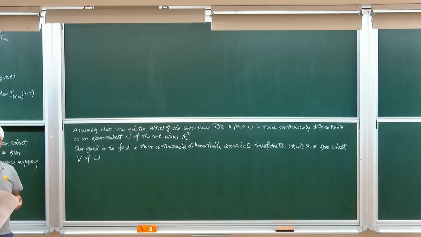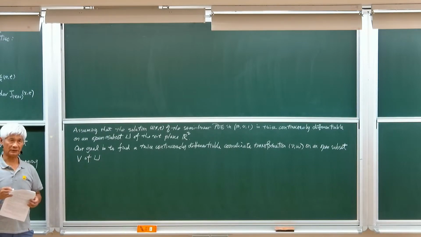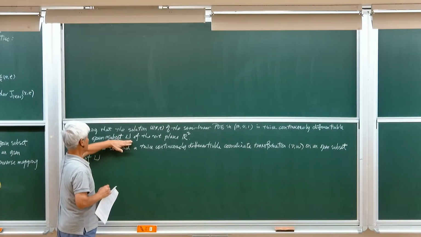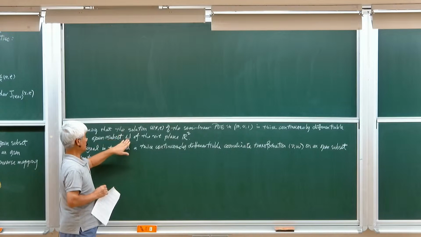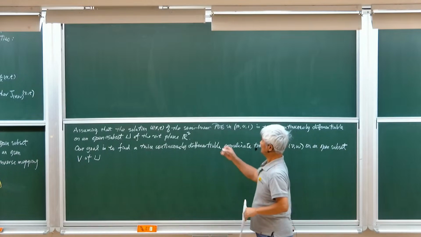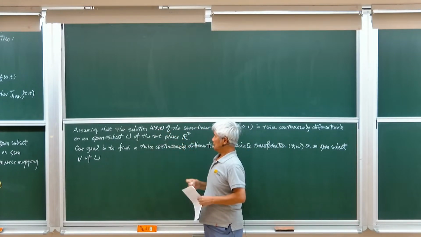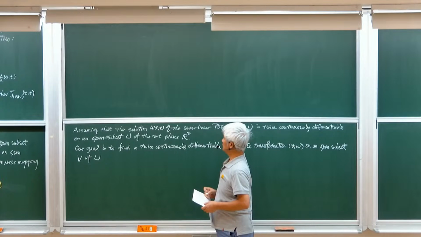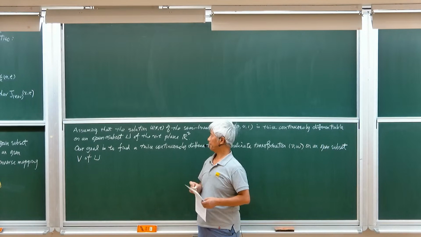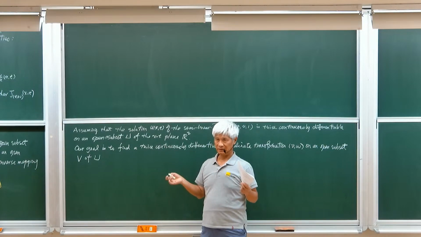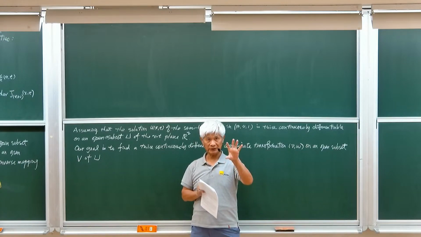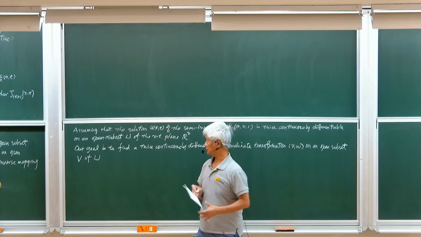We may not be able to find a coordinate transformation on the whole open subset, because the open subset is the domain for the solution. Okay? So maybe it's too big to find a coordinate transformation, but at least we can find coordinates locally. Okay, find a local transformation.